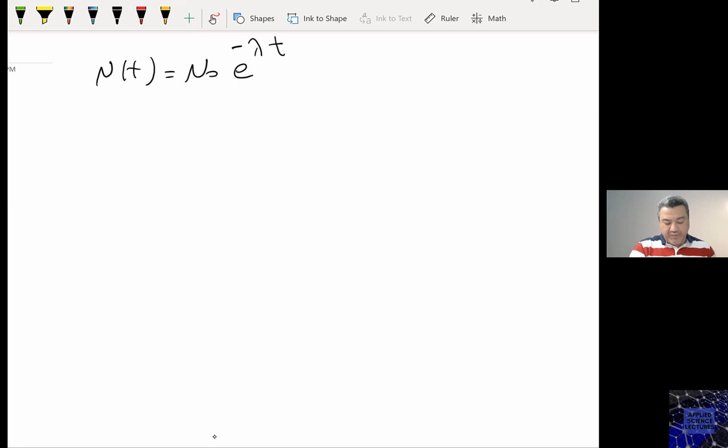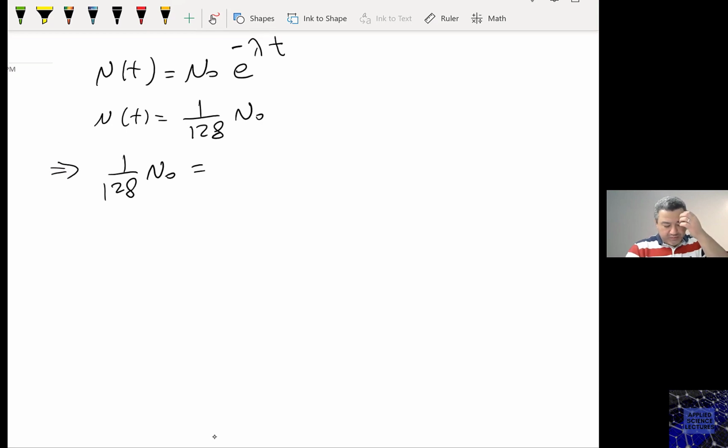If we have N(t) equals N naught over 128, then by equating both expressions, I have N naught over 128 equals N naught e to the power minus lambda t, and N naught is going to cancel, and then I need to calculate t, taking the natural logarithm of both sides.